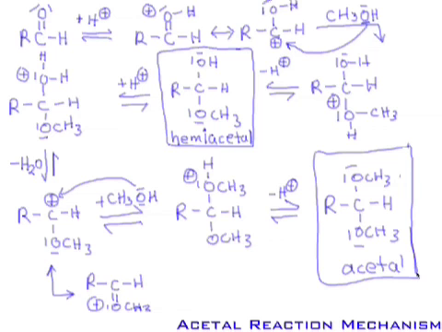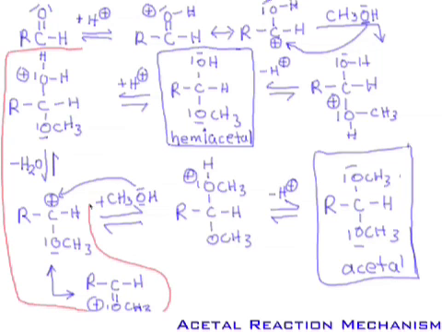to the acetal. Now, one question that arises is, why do we need anhydrous HCl? I want you to examine this step. Notice the equilibrium that's taking place here involves the loss of water.